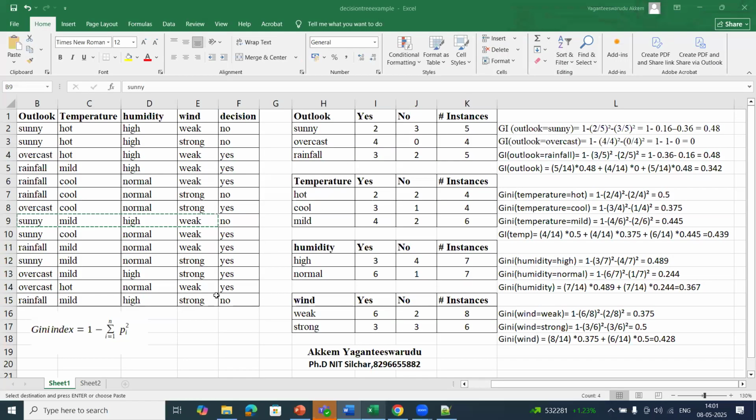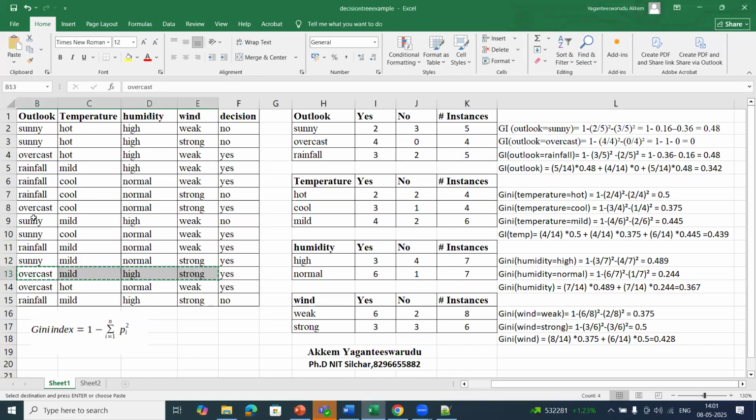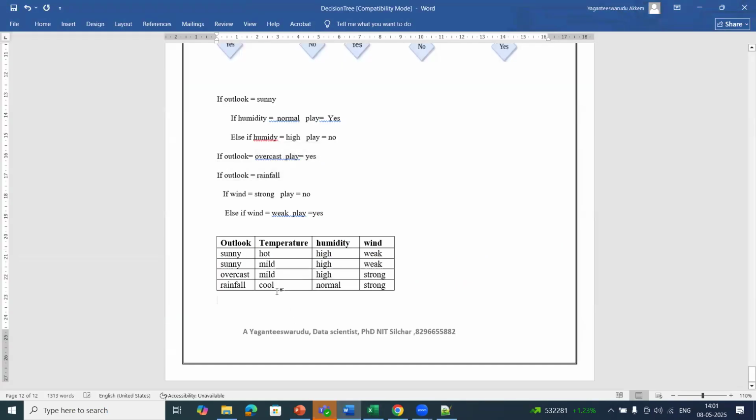Let us take another record. Next, see this. We'll finish this session. If outlook is equal to overcast, what is the output decision? The output class is always yes. And similarly, once you are able to construct your decision tree, you can find out your decision. See here, outlook equals rainfall.